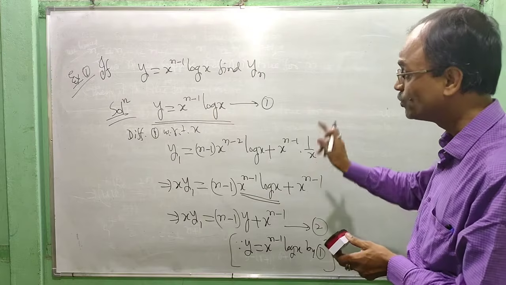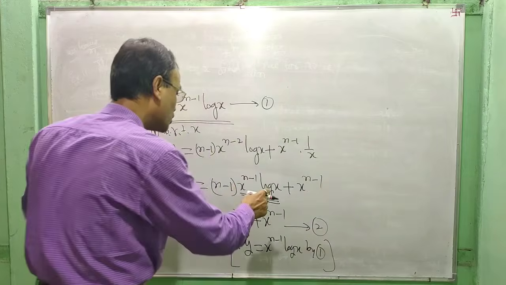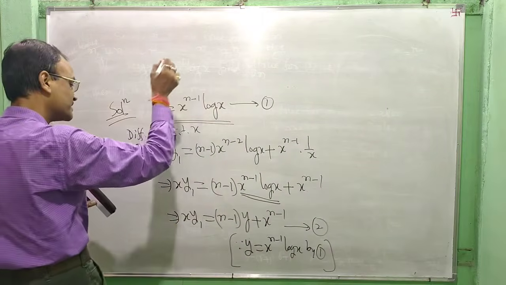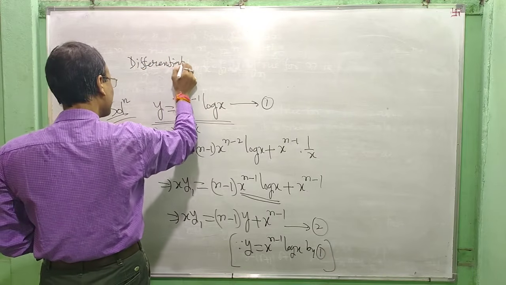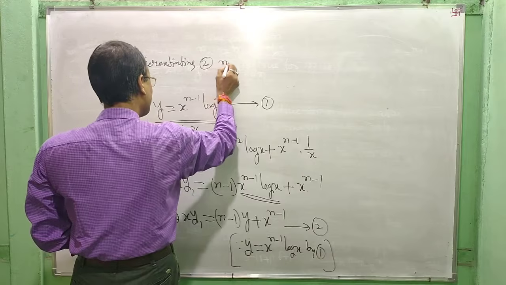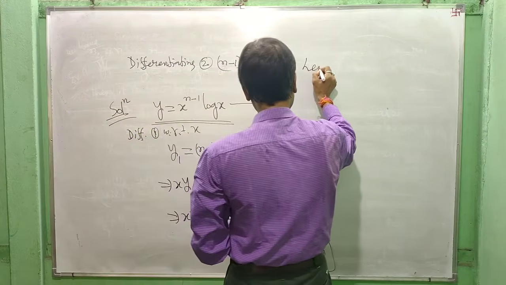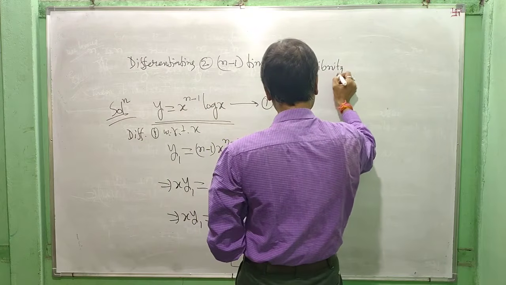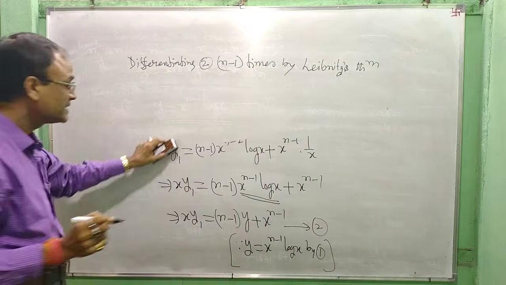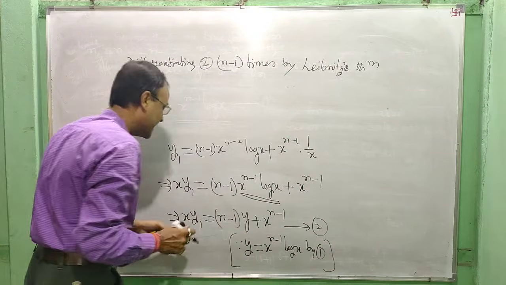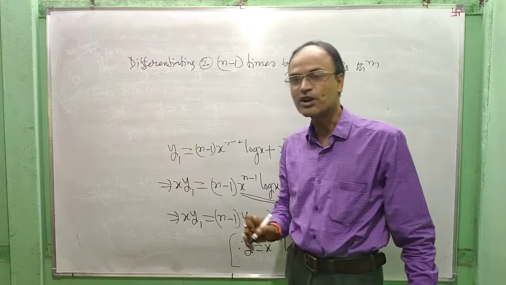Now, differentiating 2, we have to find yn. Therefore, we have to differentiate n minus 1 times by applying Leibniz theorem. Here, xy1 is the product function.